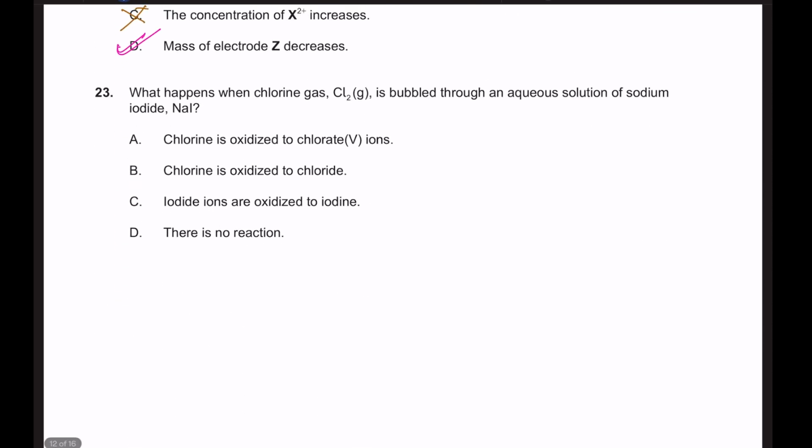23. What happens when chlorine gas is bubbled through aqueous solution of sodium iodide? From the reactivity series, or using the general rule, chlorine has a greater reactivity as compared to iodine.